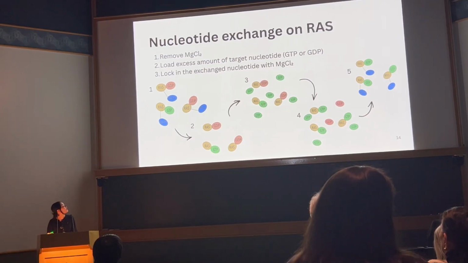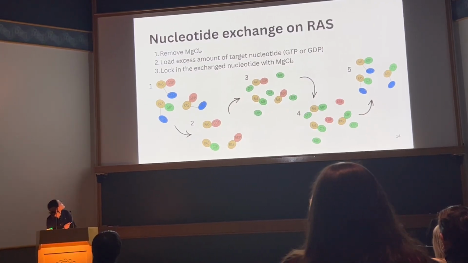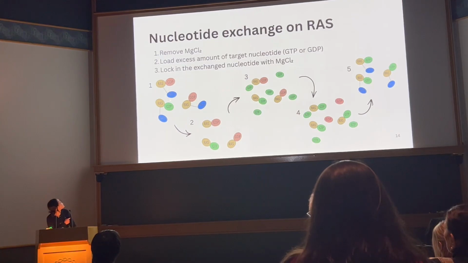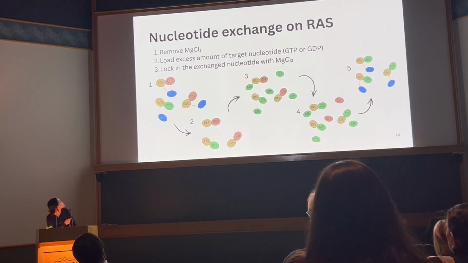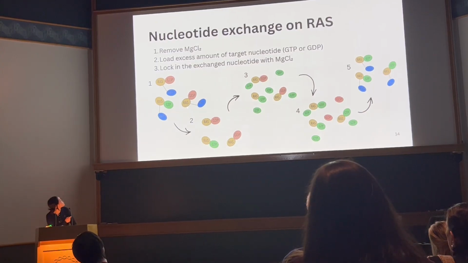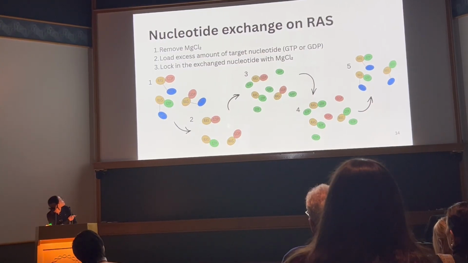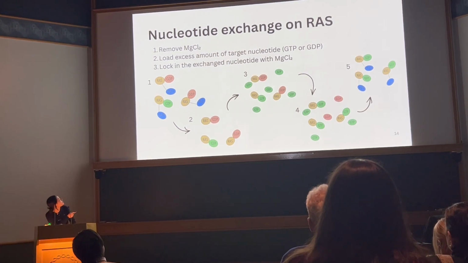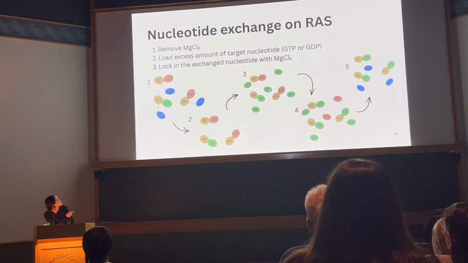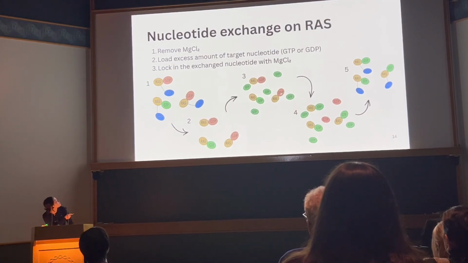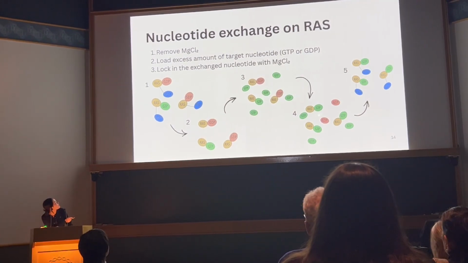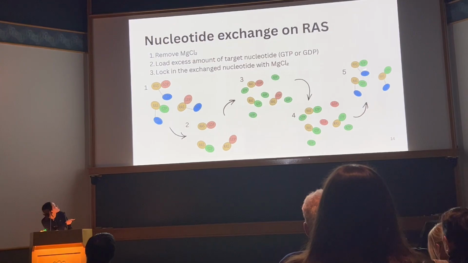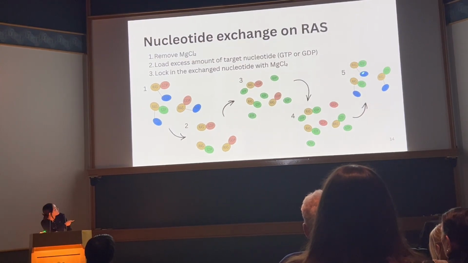And to do that, you first have to remove the magnesium chloride from the ROS because it impedes the nucleotides from being released. And after you get rid of that, you load a large amount of your target nucleotide, either GTP or GDP, but in the drawing I use GTP as an example. And then that goes in place of the original one, and it attaches to the ROS, and we have to lock it again by adding magnesium chloride.